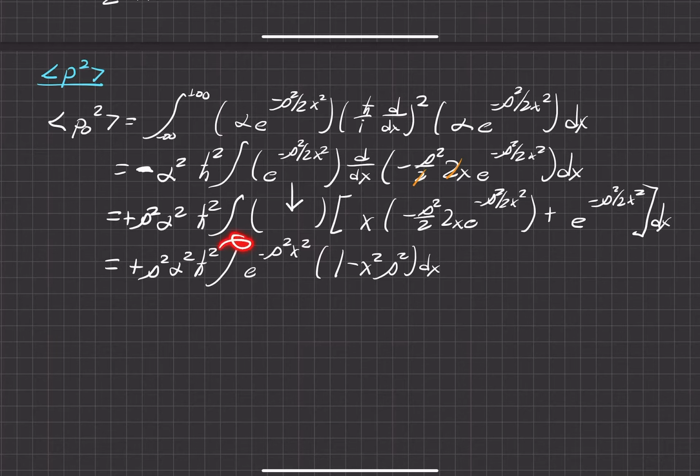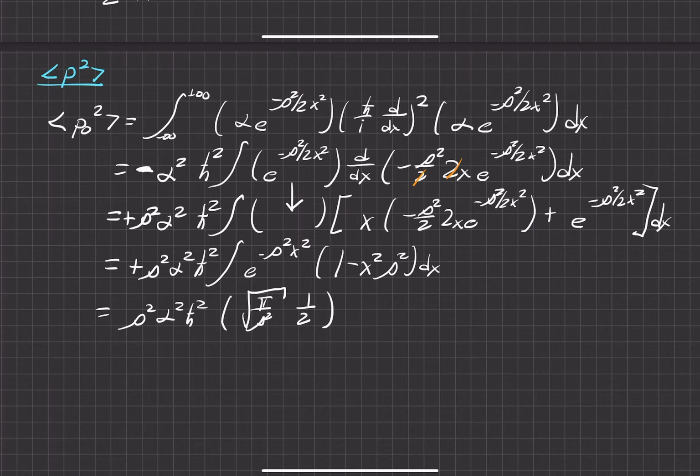Over infinity and negative infinity and all that. So again, this is one of those integrals where you're going to want to use a table. And this will be equal to, I'm just going to go ahead and put in parentheses, square root of pi over rho squared, and then times 1 over 2.